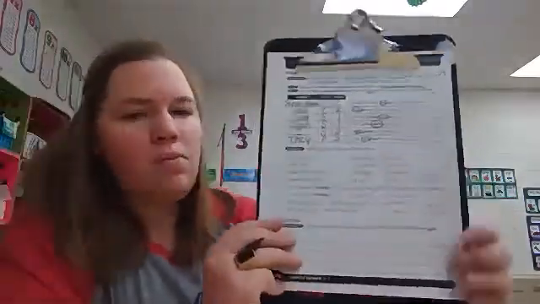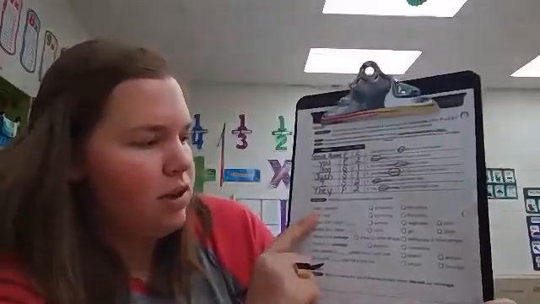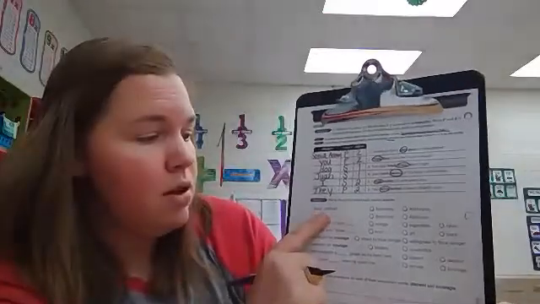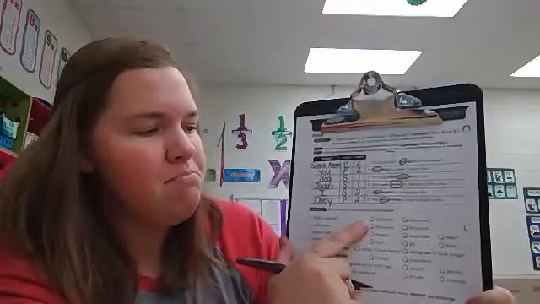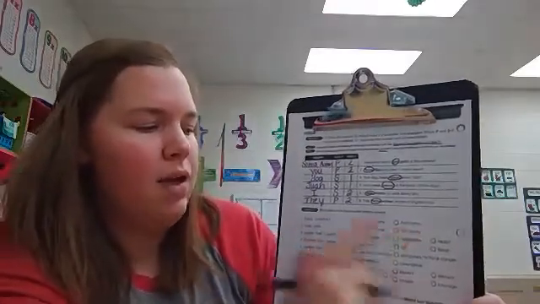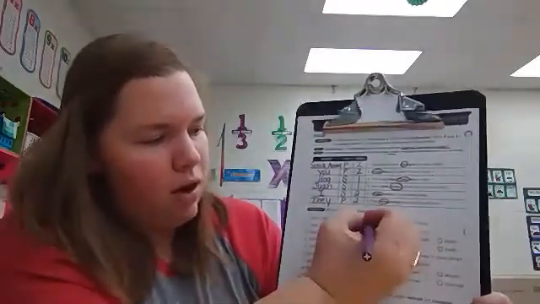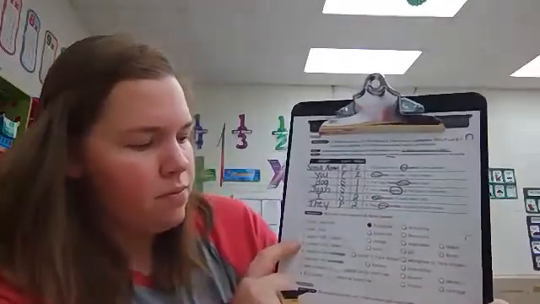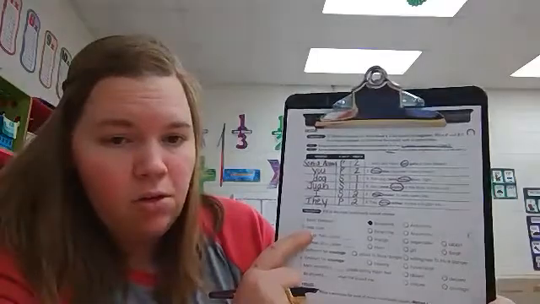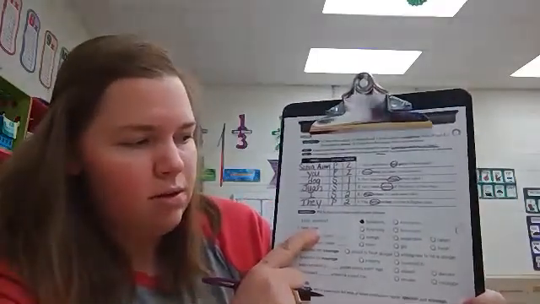Okay. And now we are going to fill in the circle beside each correct answer. So we have the words build and construct. Synonyms mean the same. Antonyms mean opposite. Build and construct are the same, synonyms. Heal, cure.